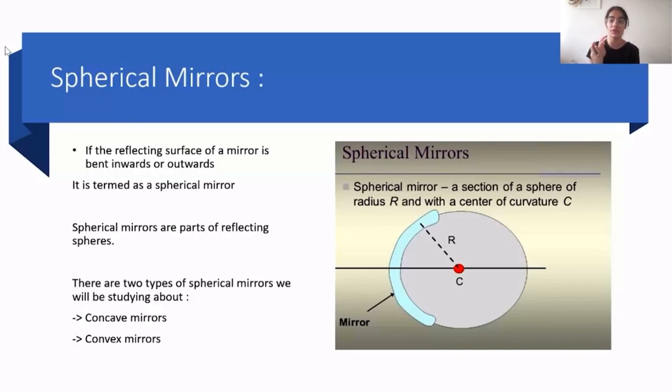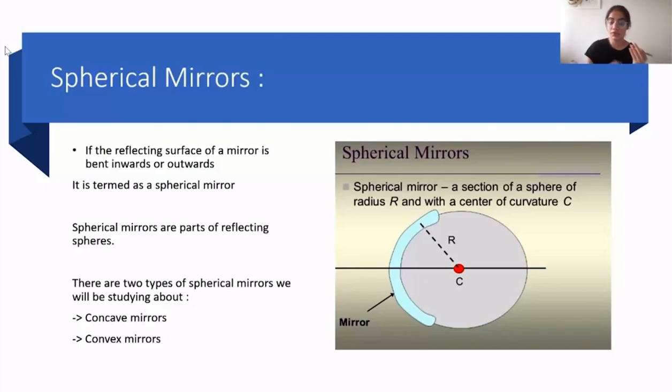If you polish one of its surfaces and cover the other surface with some kind of metal or cover so that light cannot pass through to the opposite side, then that surface will be completed as a spherical mirror. So a spherical mirror is a reflecting surface either bent outwards or inwards. They are parts of reflecting spheres.